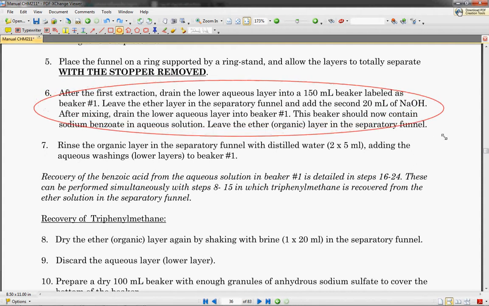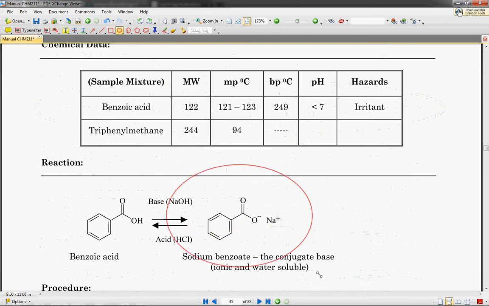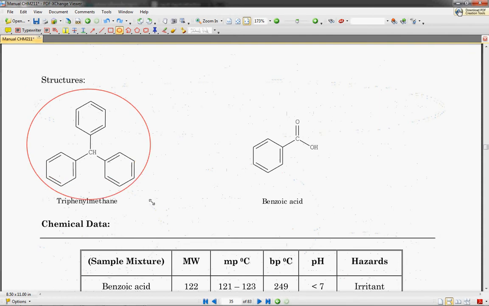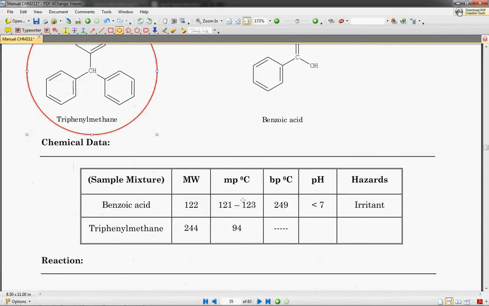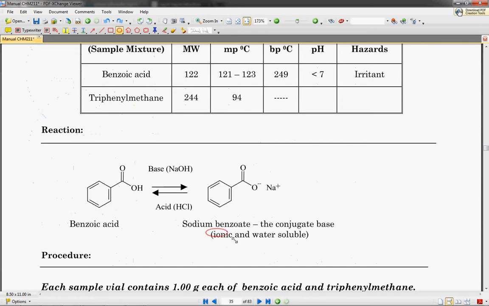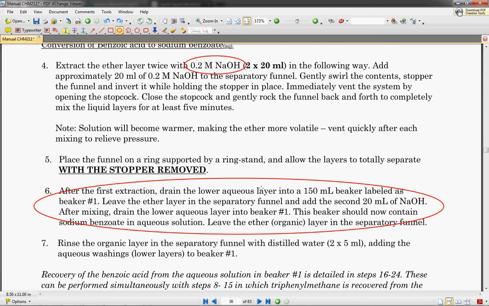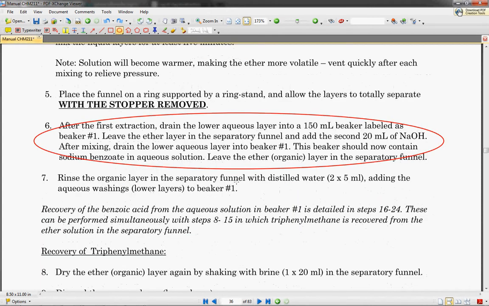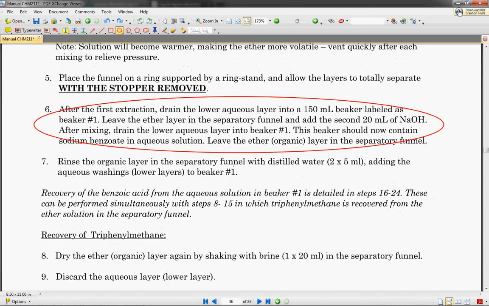And you're going to drain off the bottom layer, and that will help you separate out the benzoic acid, which will be in sodium benzoate form, because remember that we did this reaction, and your triphenylmethane, which is your non-polar compound. So the non-polar compound will stay in the top layer, while the sodium benzoate, which is ionic and water soluble, will go into the bottom layer, which has a lot of water and a lot of sodium hydroxide. Although a lot of that will react.